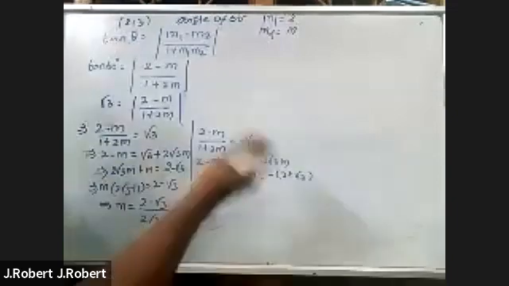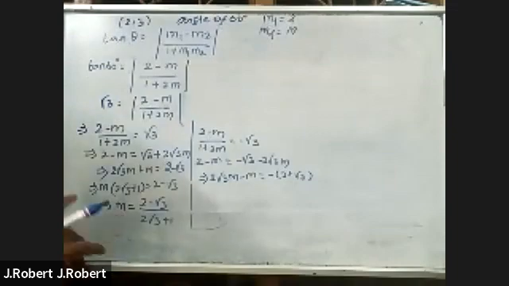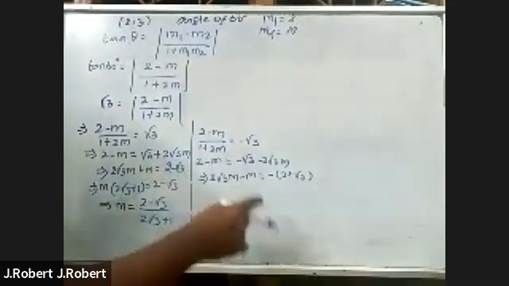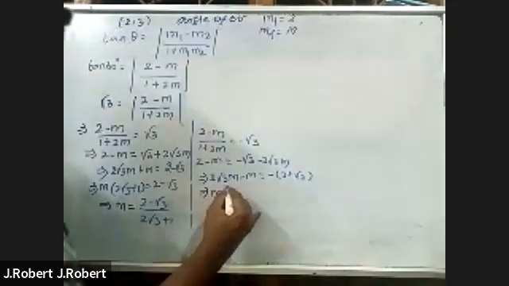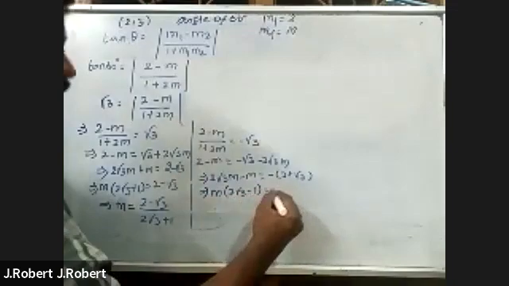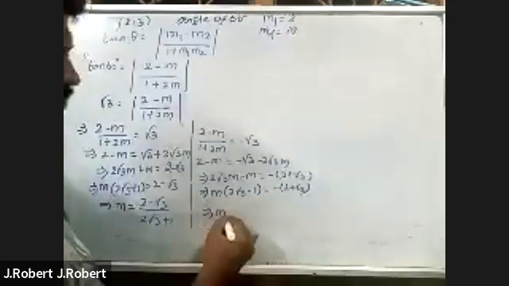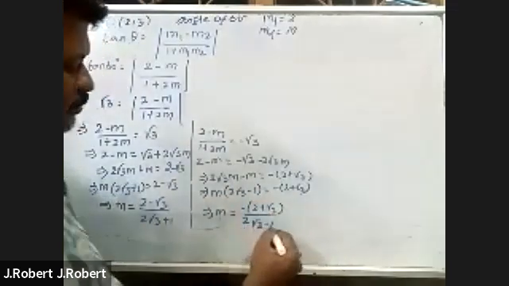Taking m common, we get m into 2 root 3 minus 1 equals minus of 2 plus root 3. Therefore, m is equal to minus of 2 plus root 3 divided by 2 root 3 minus 1.